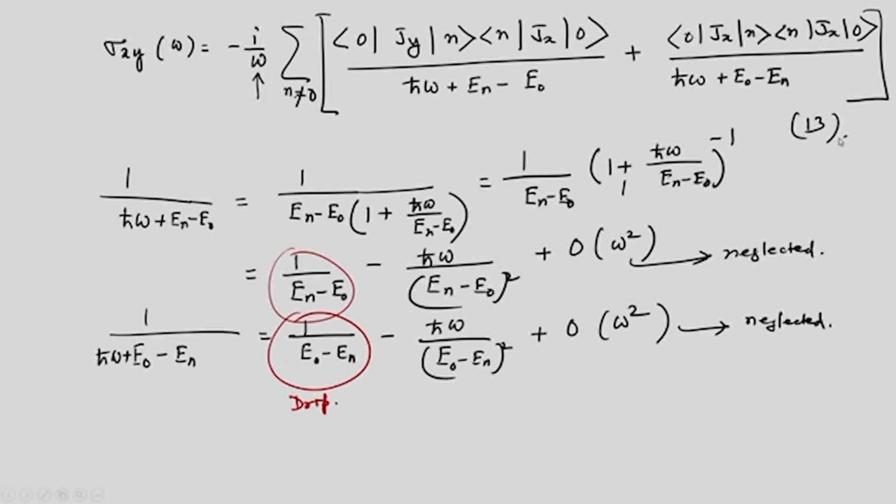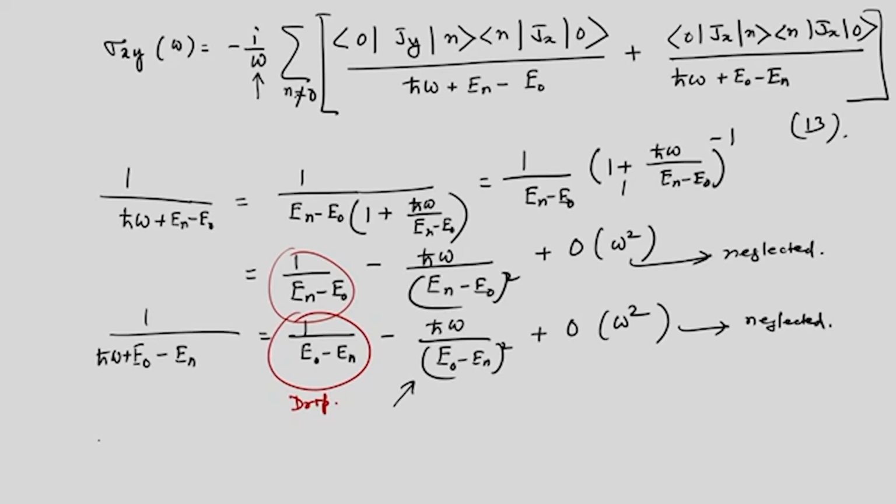We are progressively getting better and better in terms of its computability. Okay. So, now if you keep either of the terms, which are same, because there is an ħω and there is a square in the denominator, and the square means that (E_n minus E_0) square is same as (E_0 minus E_n) square, and the ω will cancel with the ω in the denominator of equation 13. Okay.